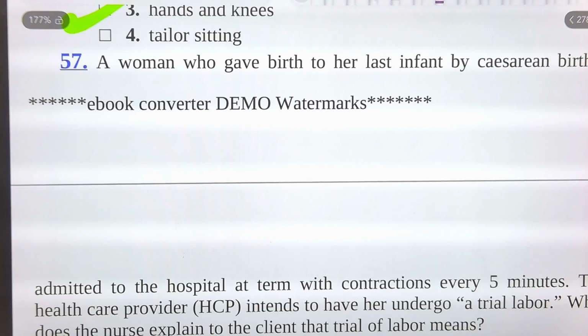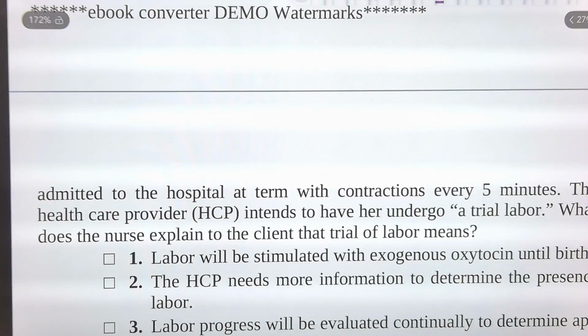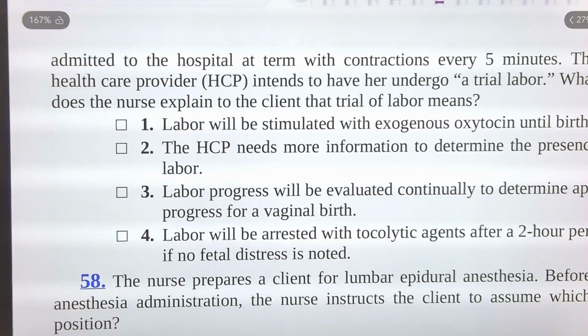A woman who gave birth to her last infant by cesarean birth is admitted to the hospital at term with contractions every 5 minutes. The HCP intends to have her undergo a trial labor. What does the nurse explain that trial labor means? Why do we do a trial labor?